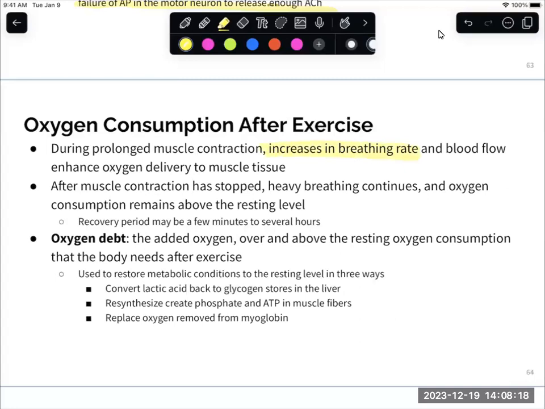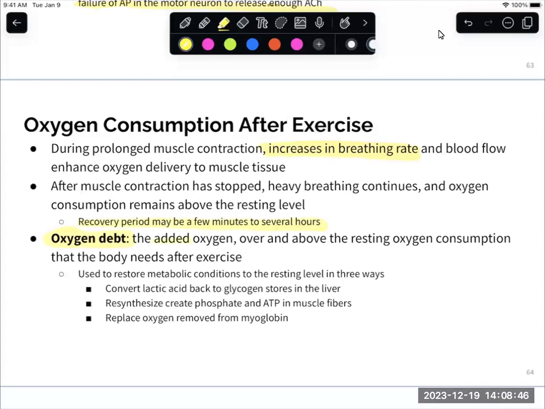What we're trying to do is we're trying to restore oxygen levels, nutrient levels back to what they were before we started exercising. It can take anywhere from a few minutes to a few hours. It's also called oxygen debt.